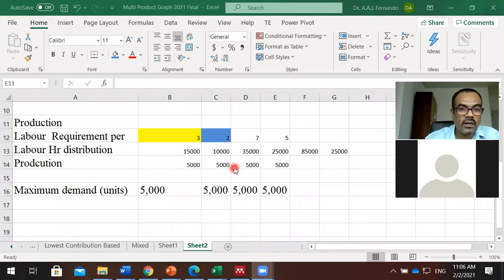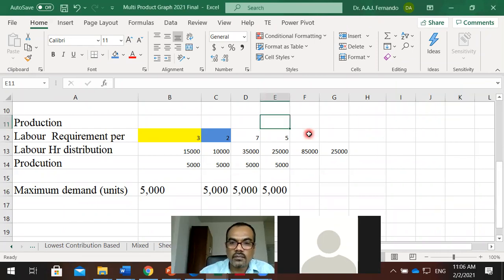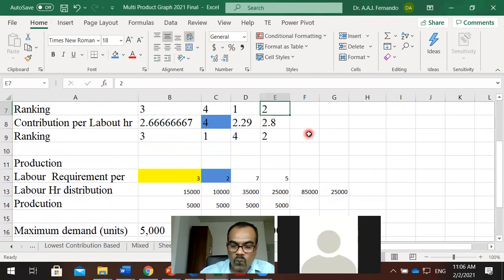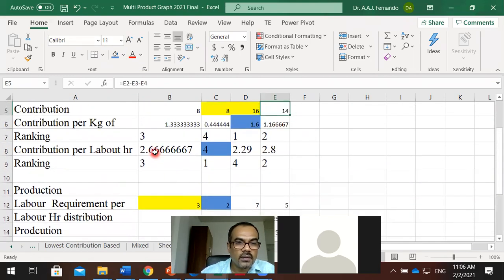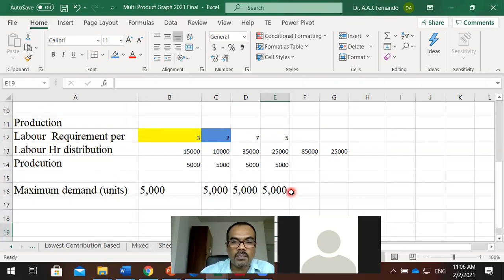Therefore, in the labor hour calculation, the first step is, what is the ranking? Labor hour ranking is this one. Product X is number one. Then we produce this one 5,000, then the second one.